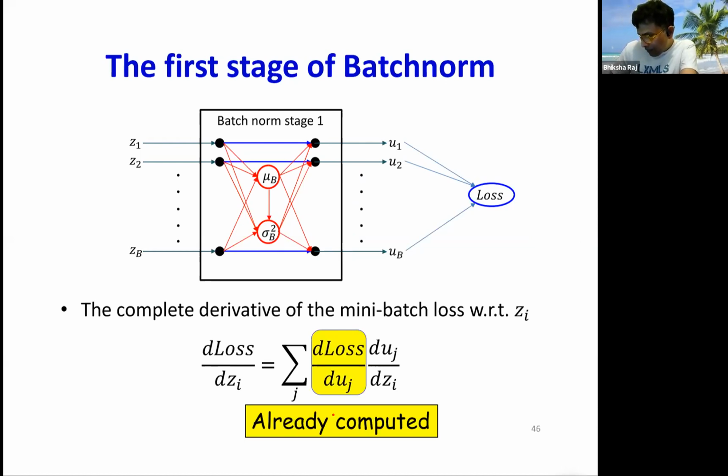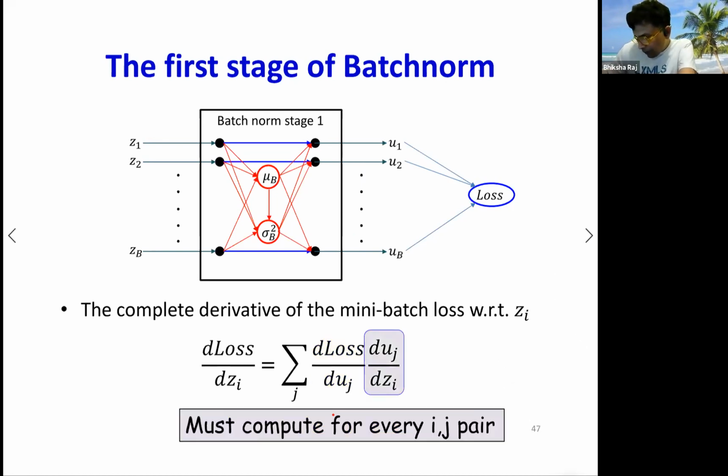We already have d loss over du going backwards, and so we have to figure out how to compute this for every ij pair, for every ui and for every zj. How do I compute duj over dzi?